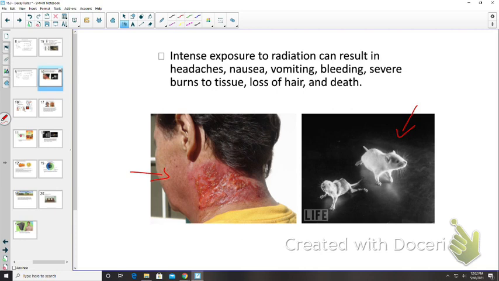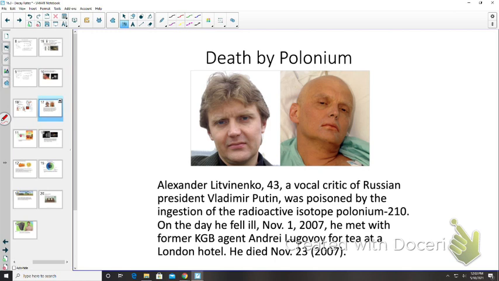Scientists have been able to insert a bioluminescence gene into mice, and they actually find that they're able to glow. So it's kind of freaky, to be honest. But yeah, radiation is not good.